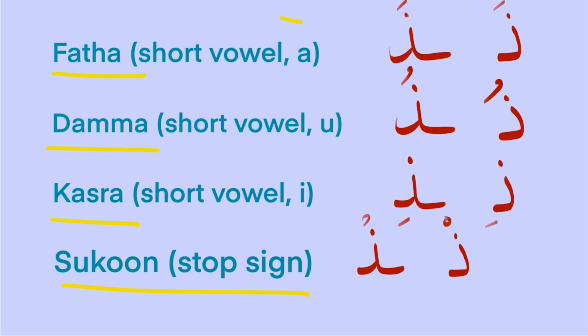Here we see how it might look when it is connected to a letter or on its own with the fatha, tha, with the dhamma, thu, with the kasra, thi, with the sukoon, th. Pause the video and challenge yourself, please.